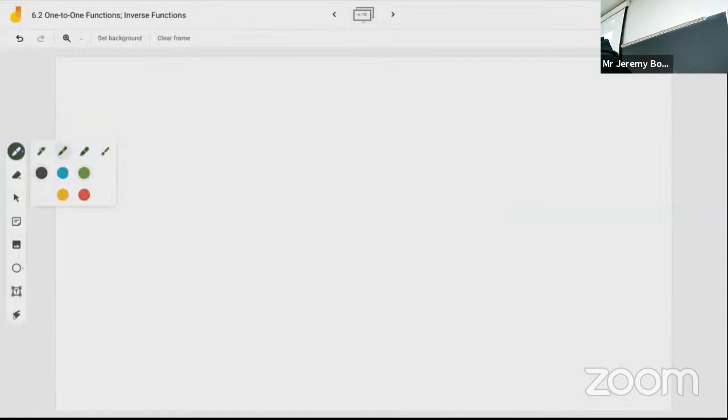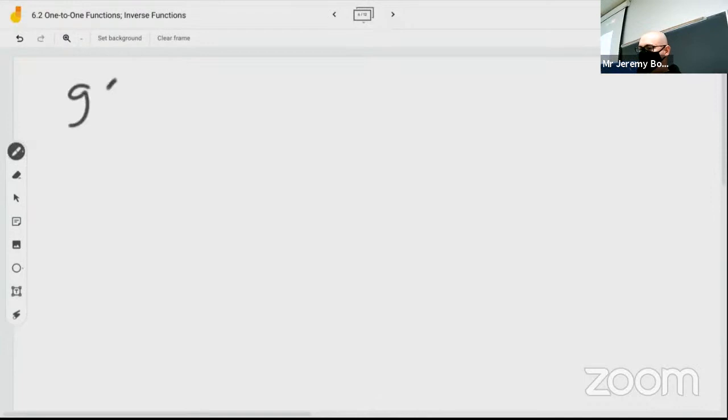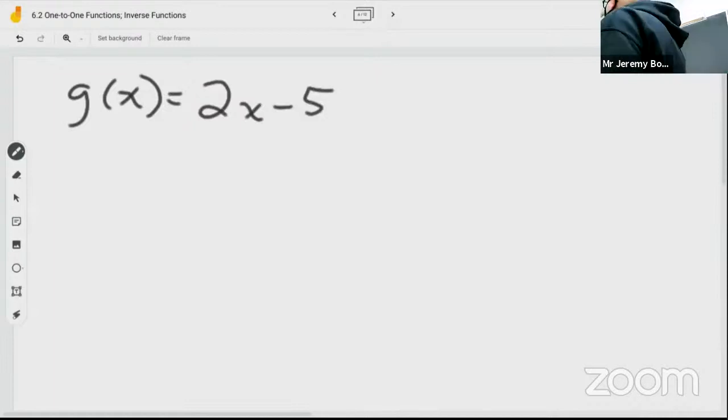So let's say you have a function. G of x is equal to, let's say, 2x minus 5. It's a one-to-one function, and I know that because it's a line, and this one, because it has positive slope, is always increasing, and so I know this is one-to-one.